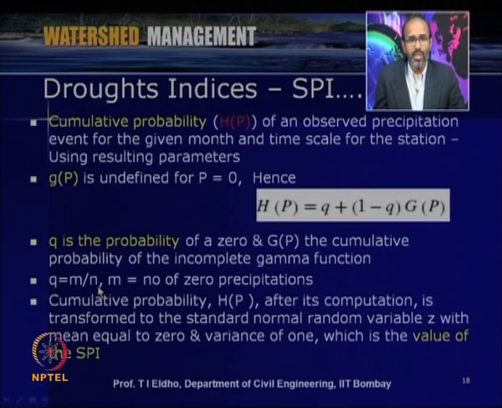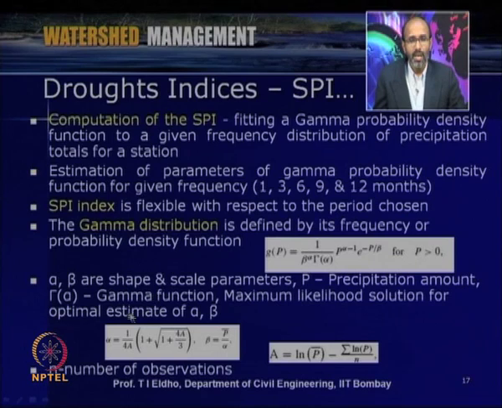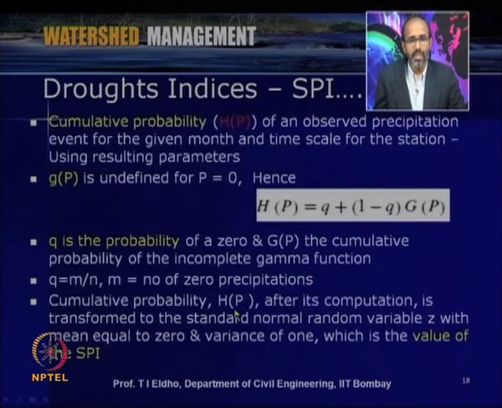And q is equal to m by n, where n is the number of observations and m is the number of zero precipitations for that particular area. Then the cumulative probability H(p) after its computation is transformed to the standard normal random variable Z with mean equal to 0 and variance of 1, that is the value of the SPI.